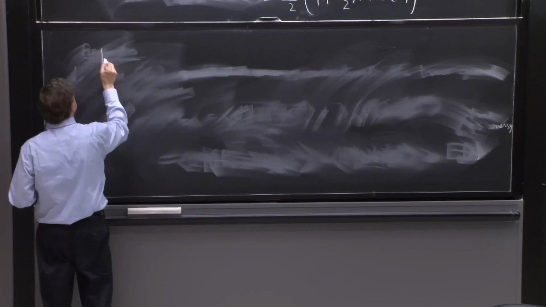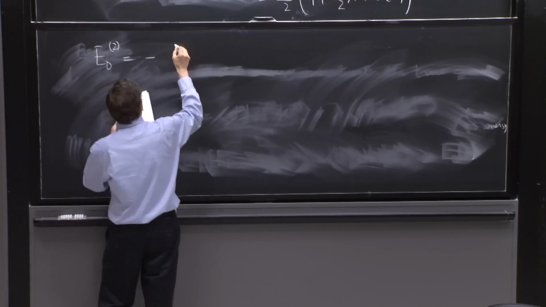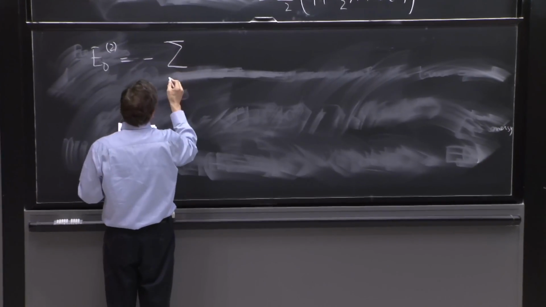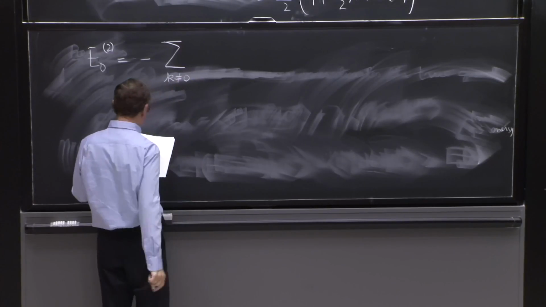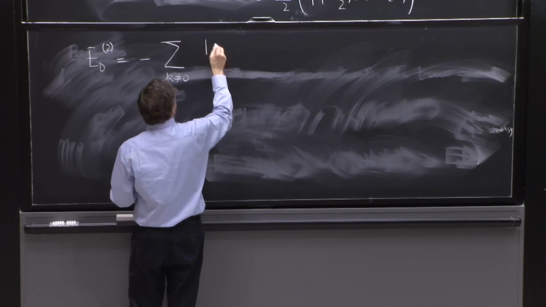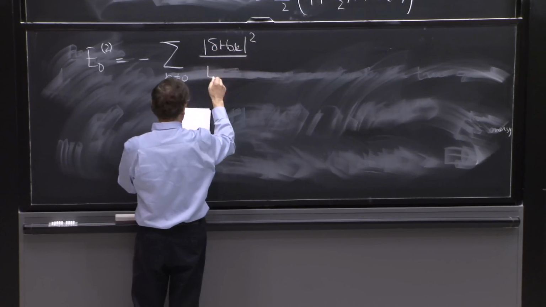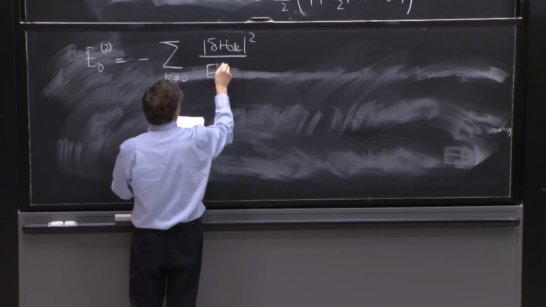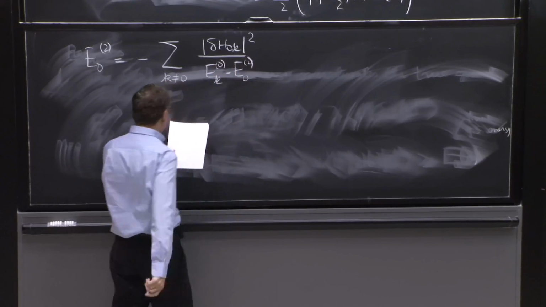It tells us that the second order correction to the energy is minus the sum over all states that are not the ground state, so k different from 0, of |ΔH_0k| squared over E_k^(0) minus E_0^(0).